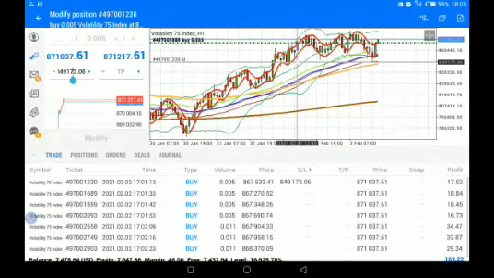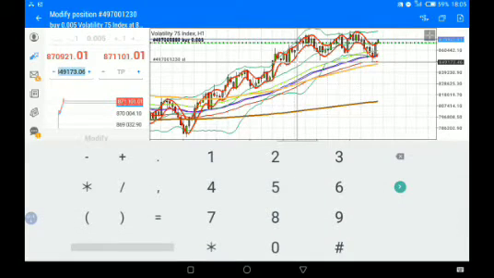This is actually a high probability setup, and I will explain why it is a high probability setup.